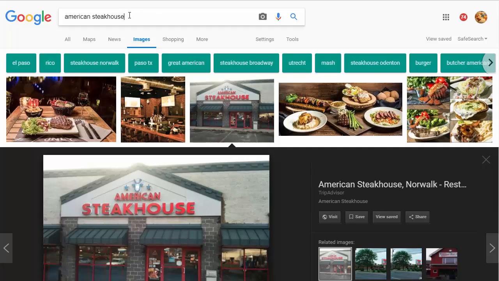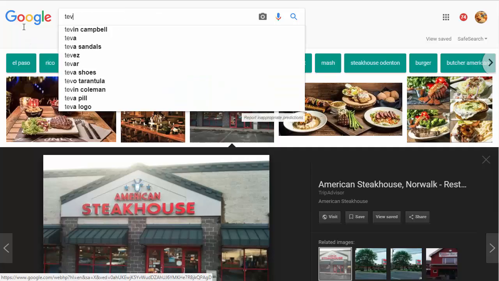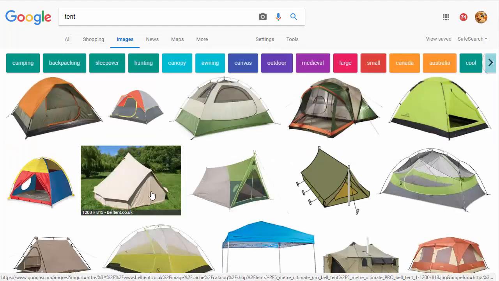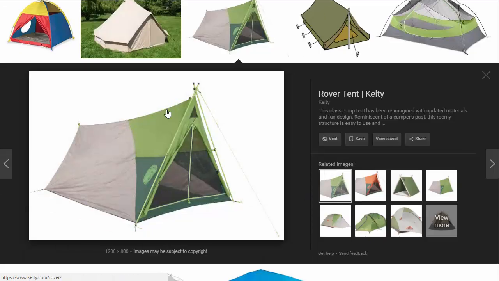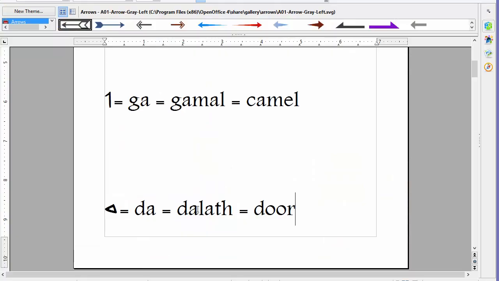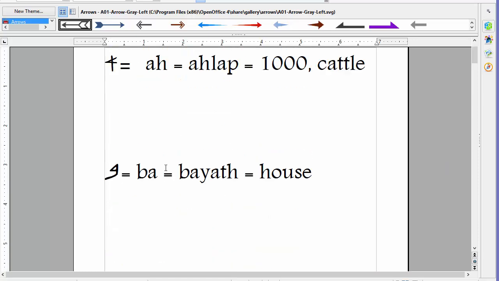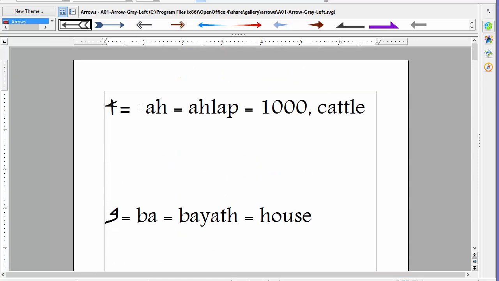Let's just type in tent, see what we get. See, they're usually in a triangular form. They get fancy now, but that was the door, because you were going through the door. That's the lath. Okay. So that's what the da represents.